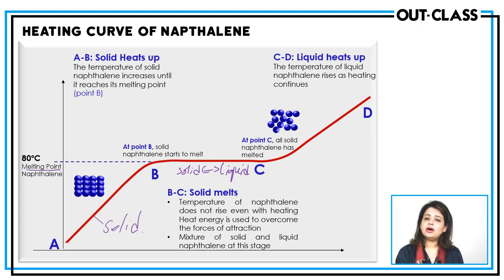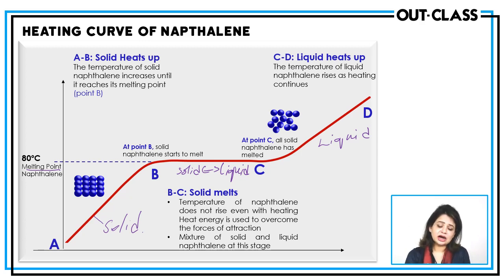At C, all of the solid has melted. Now the liquid state starts. So once all the naphthalene has melted, its temperature will further increase till its boiling point. Boiling point पे जाके फिर वो दोबारा से flat हो जाएगा. So अगर second flat area आएगा, that would be the boiling point.